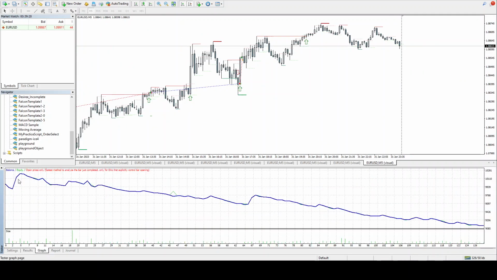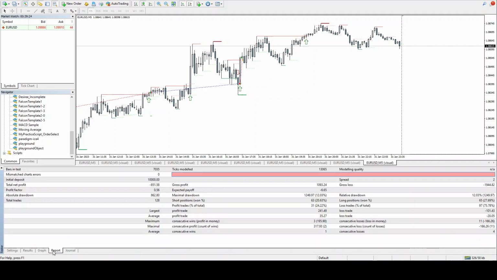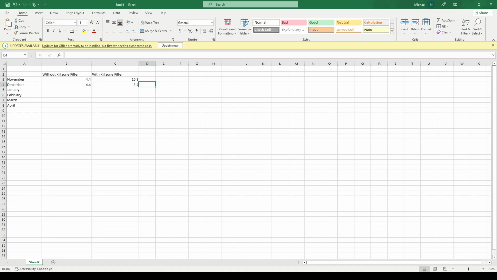I'll set this to false and I'm going to run it. So here we have the graph, also a drawdown in January, 8.5% drawdown. So let me just write that on Excel. So 8.5% drawdown without the Q zone filter.